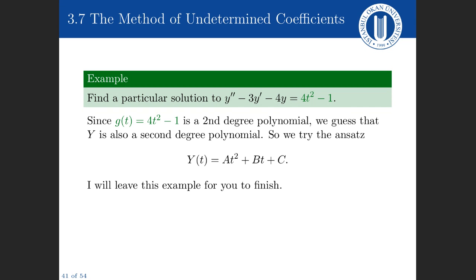So we're going to guess that the particular solution is also a second degree polynomial, A t squared plus Bt plus C for some numbers A, B, and C. I leave this example for you to finish. In fact, this is going to be on your homework to finish this example.